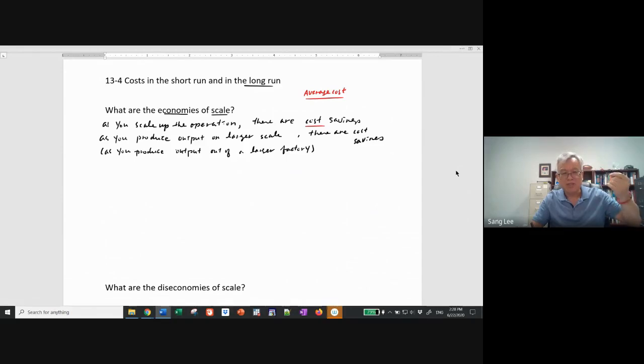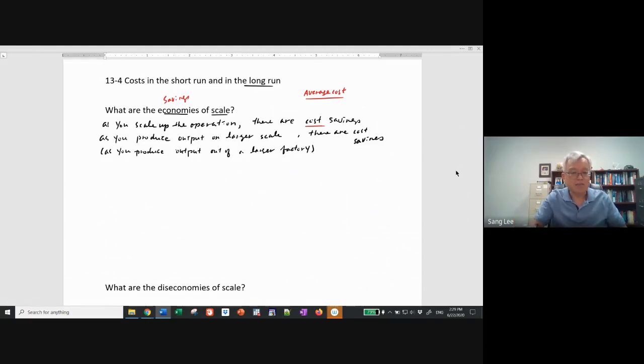The typical unit costs you what? Less and less. So simply put, as you operate your business on a larger scale, then what? You can produce typical unit what? At the lower cost. That's economies of scale. Economies means what? Here, savings. Okay. So savings. Okay. And the scale means what? The size of a factory, for example.